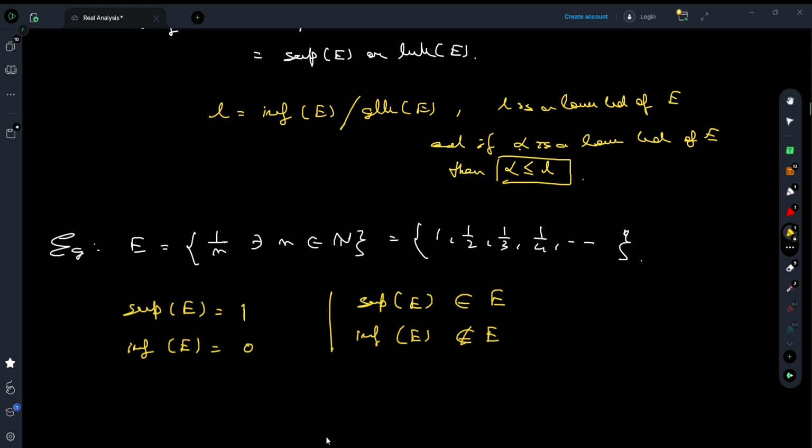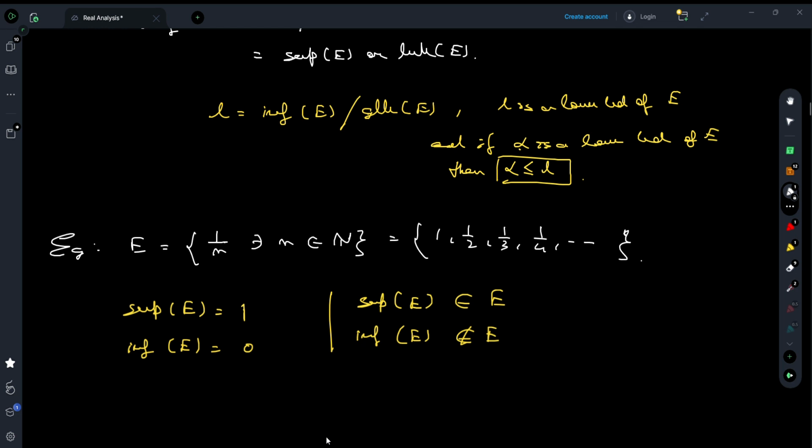So what we are actually trying to say is that a set which is bounded above or bounded below, or is simply bounded, has its supremum and its infimum, but there is no restriction for the supremum and infimum to be inside that very set. Clear?